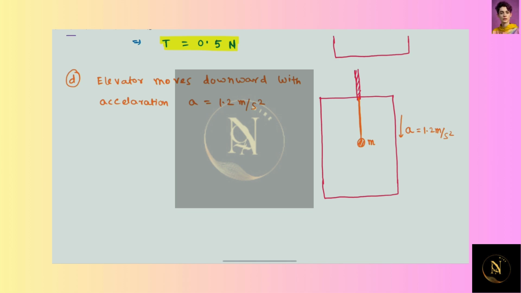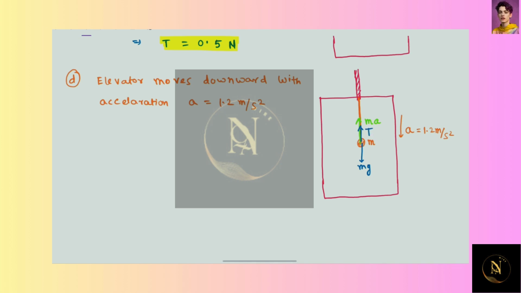As in this case the lift moves downward, on the bob a pseudo force will be acting in the upward direction, which I can write as m into a. In addition to that, the weight of the bob will be acting downward, and also a tension force T will be acting on the bob in the upward direction.